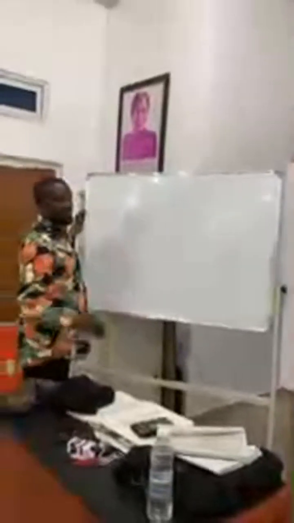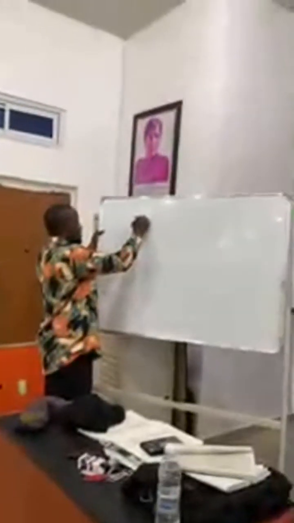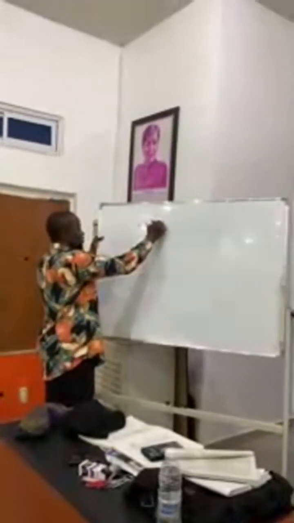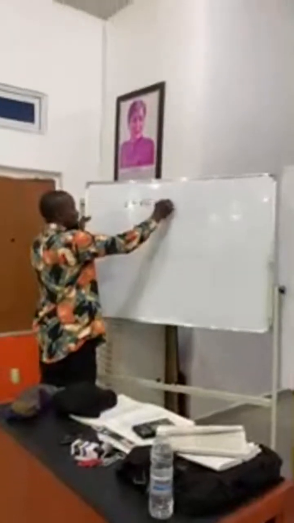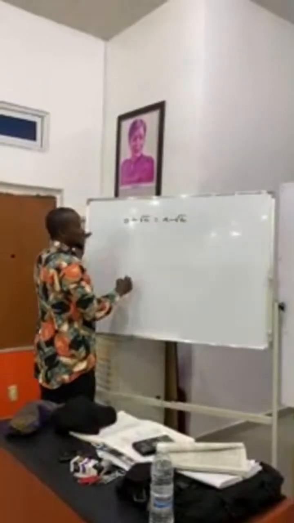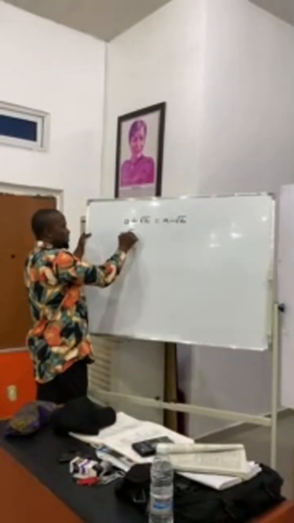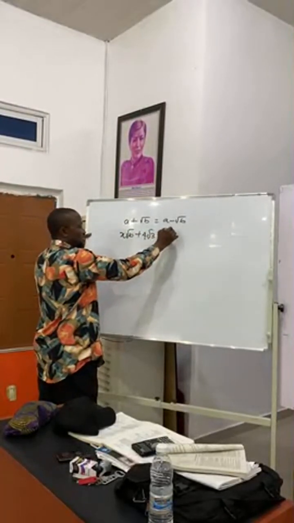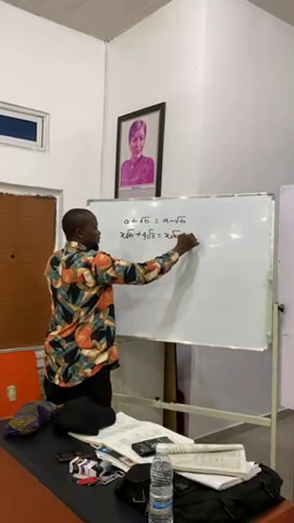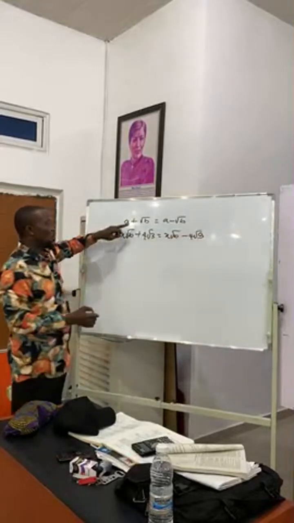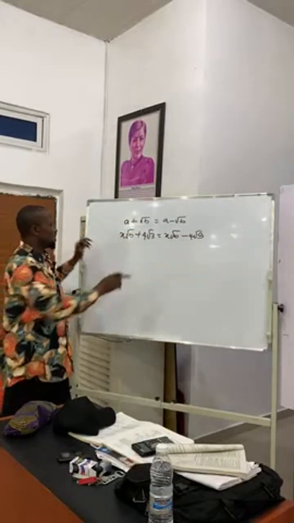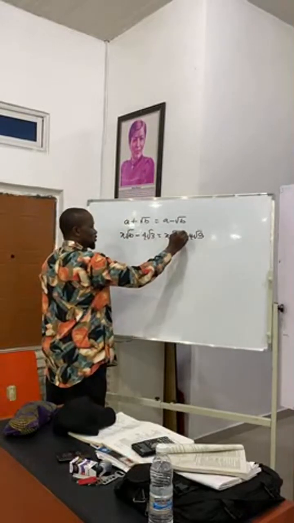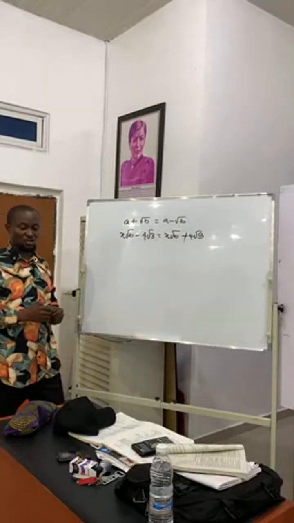In conjugate, if you have A plus the root of B, the conjugate is A minus the root of B. If you have x root b plus 4 root 3, the conjugate is x root b minus 4 root 3. The difference is that the plus will turn to a minus. If this plus was minus, it will turn to a plus. So that's conjugate.